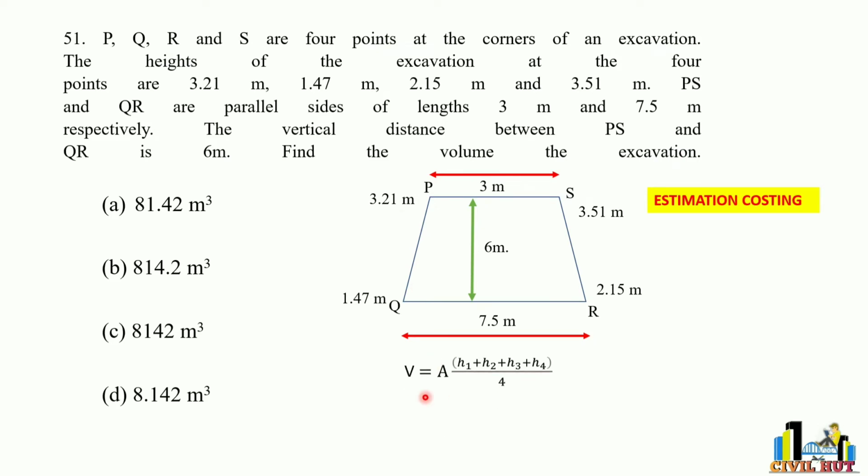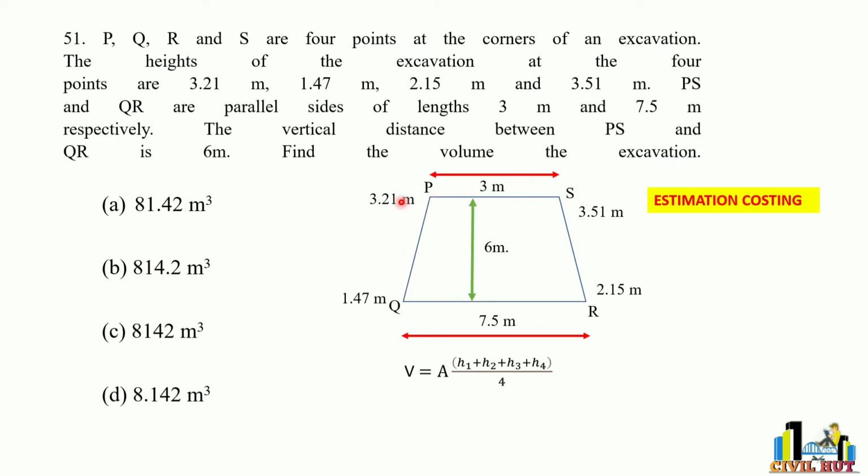Volume equals area into average of all heights. The heights are H1, H2, H3, H4: 3.21, 1.47, 2.15, 3.51. Area equals average of the parallel widths times the length. This is the surface area we are finding.